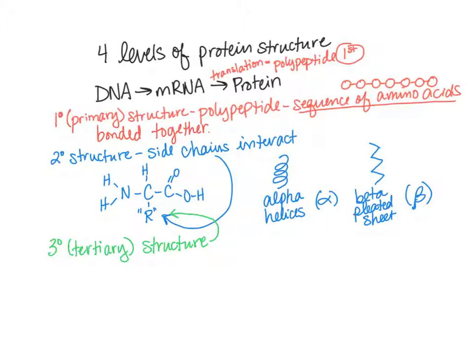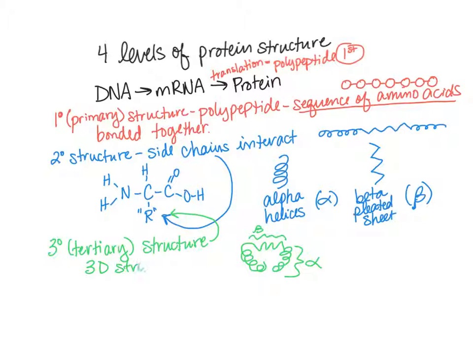So for example, up here, if we had maybe an alpha helix that turned into a beta pleated sheet and then another alpha helix, down here in the tertiary structure, we might see something like this. So we still have our alpha helices and our beta pleated sheet, but now it's wrapped around itself to form this more three-dimensional structure.